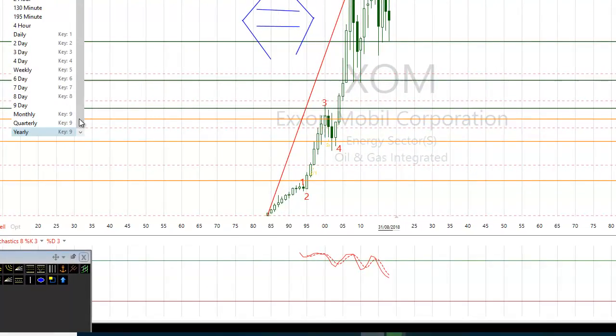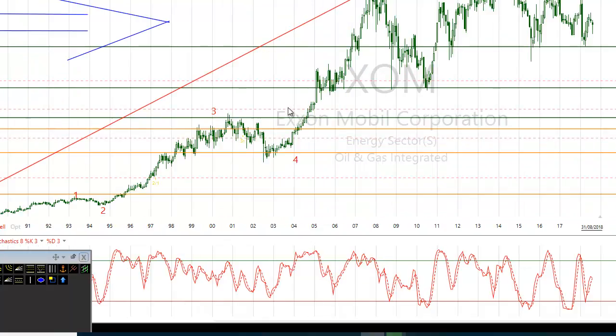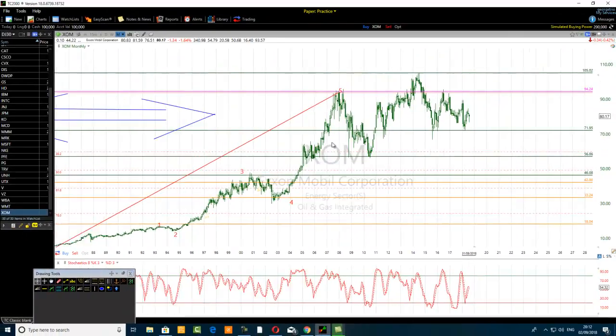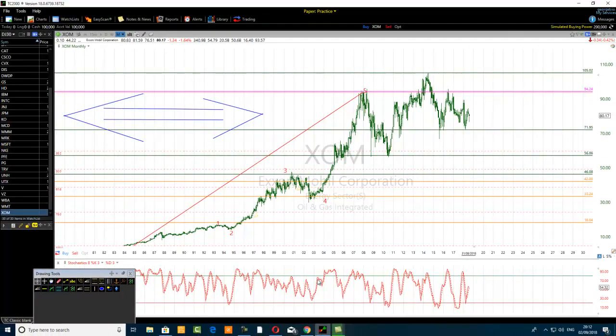Going to go back again to the monthly chart, talking about Elliott wave strategy, ExxonMobil stock wave strategy. Why are we analyzing ExxonMobil? Because it's a market indicator for the Dow Jones index. So if you are trading stock indices, if you are trading the Dow Jones index, ExxonMobil is one of the Dow 30 stock index indicators.